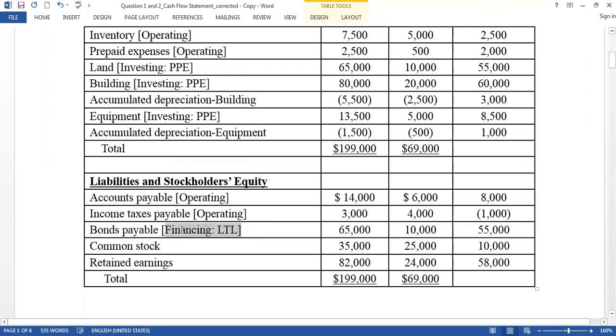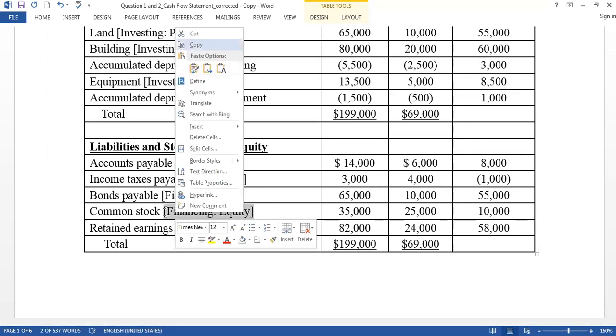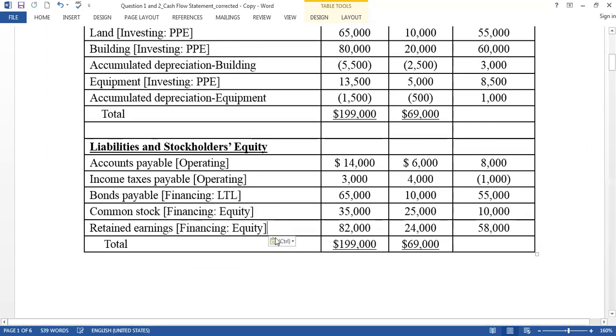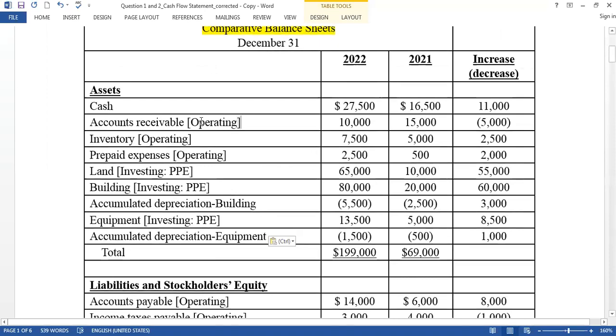And common stock is also related with financing activities, because this is equity. Equity is related with financing activities, and retained earnings is also related with equity. It is financing. So you have to do these kinds of things from the very beginning.